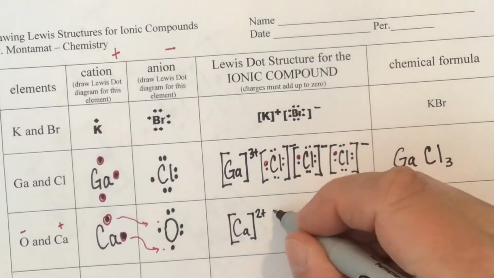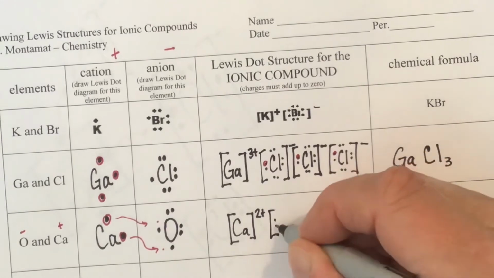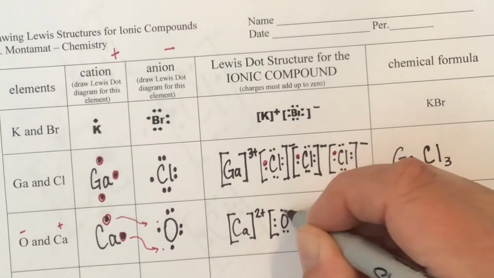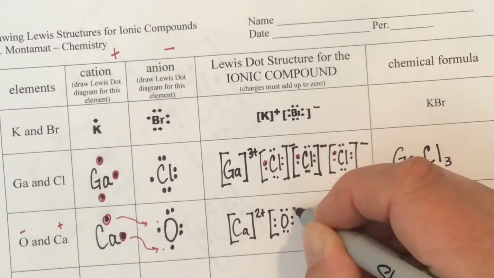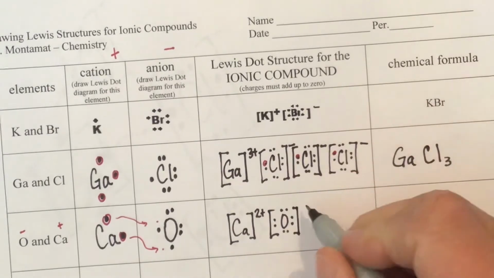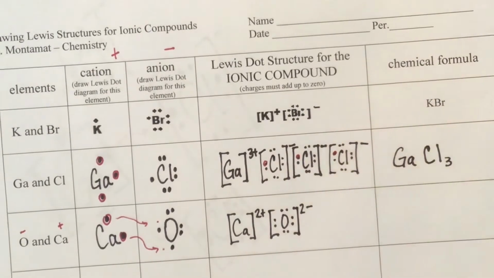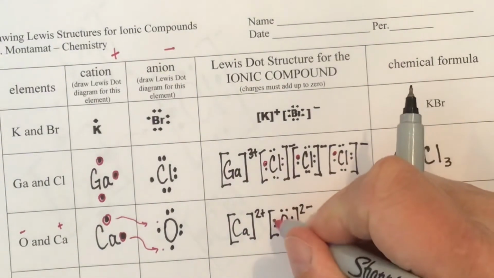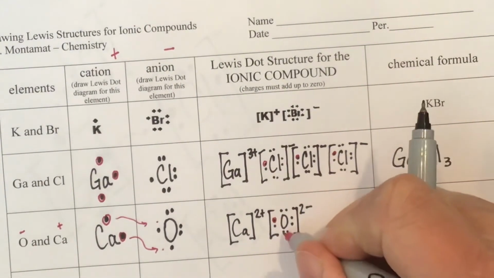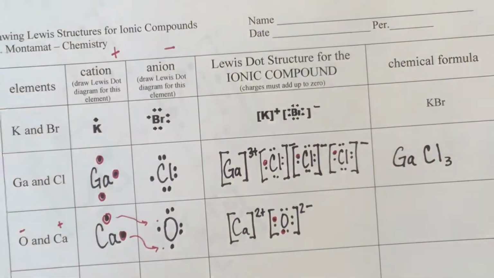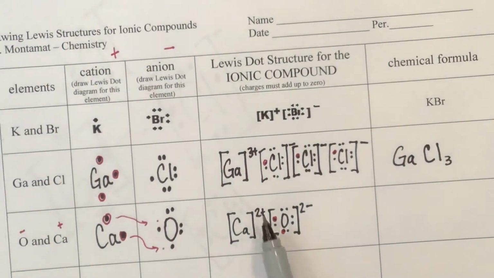Now we draw our oxygen. And it's gained 2 electrons, so it's a -2. And let's see, it's this one right here. And it's this one right here. Those 2 came from the calcium. By the way, look. +2, -2.